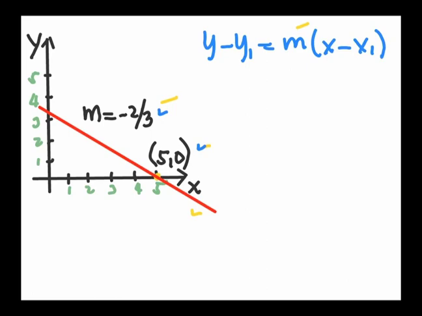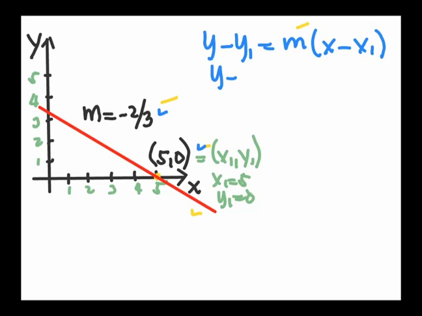Which tells us that the value of x1 is equal to 5 and the value of y1 is equal to 0. Now, substituting these values of x1, y1, and m into this equation, we'll now have y minus 0 is equal to negative 2/3 times x minus 5.